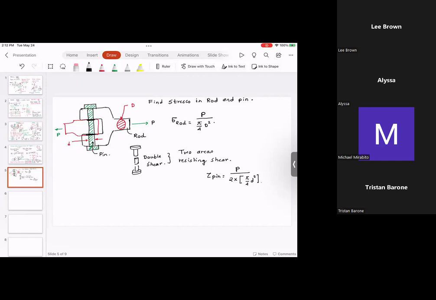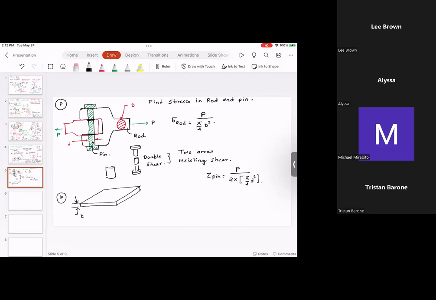Now let me take one more example. This is problem 1, and I'm going to take problem 2. Think of this as a metal sheet of thickness T. And here there is a punch.